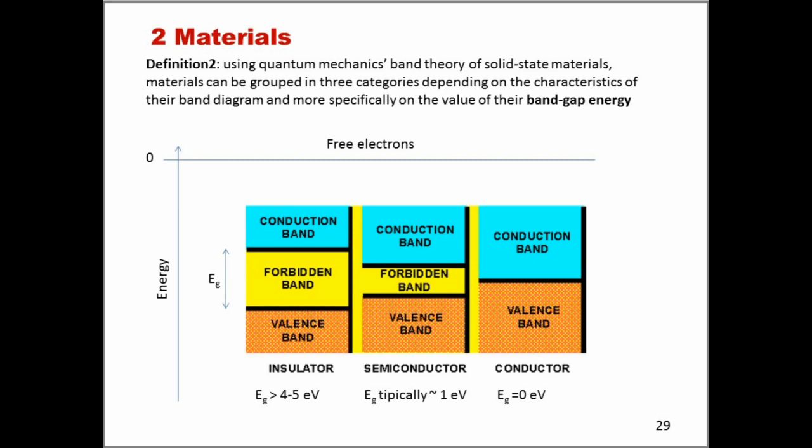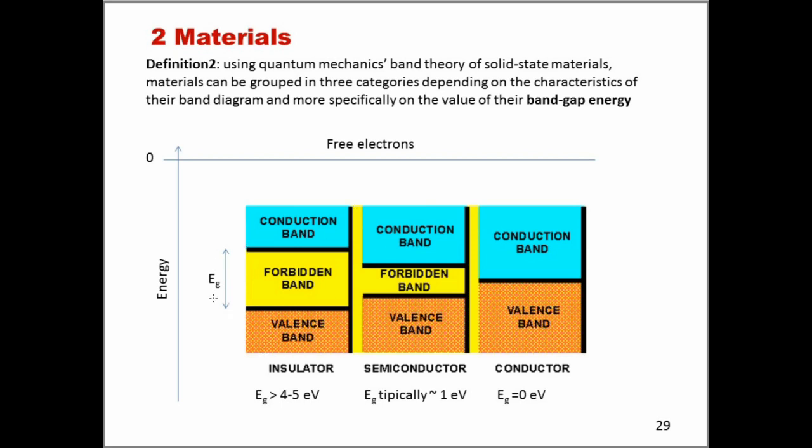We can use this graph to represent the energy levels of a solid made of a certain material, and then we realize that the band diagrams of all possible materials could be categorized in this way.